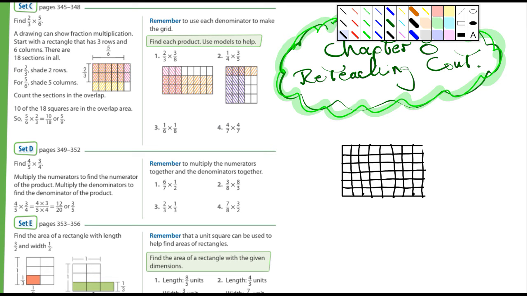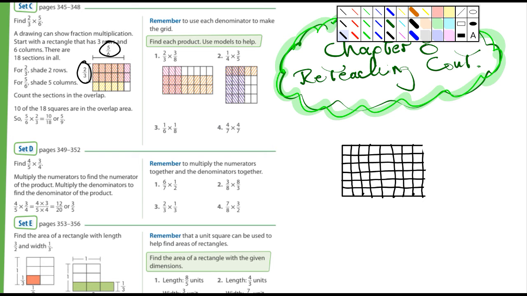But anyways, set C here, they give us a nice example. Let's see here. So for this one, they're using models. And so you've got 5/6 on top and 2/3 here.